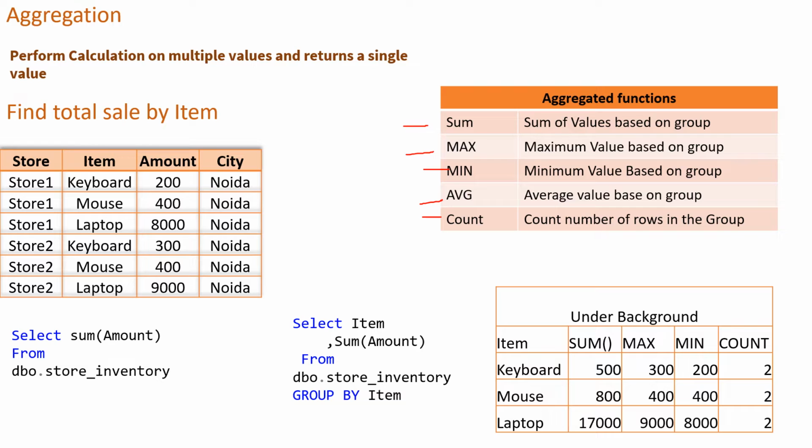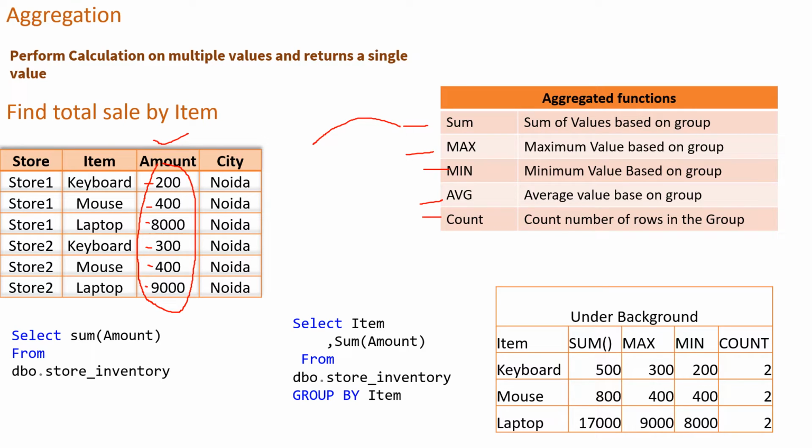Let's take an example of sum. If we want to apply sum on the amount column, it will take all the values in the amount column, add each and every value, and return the sum of all the values.